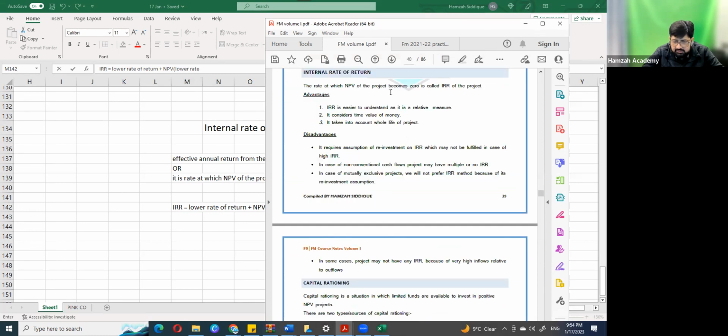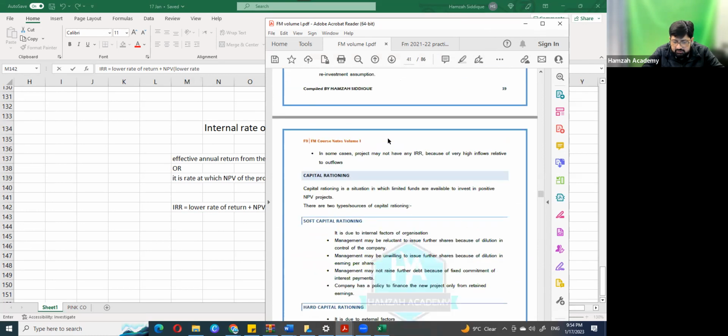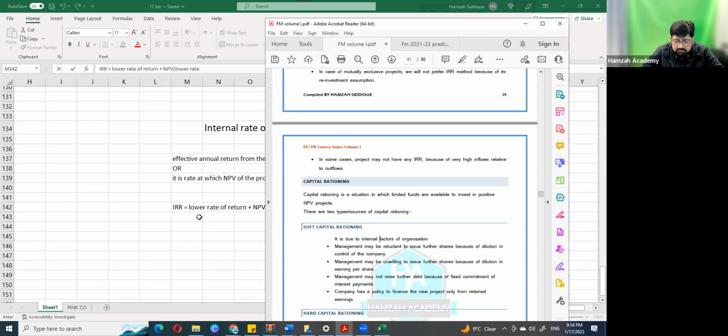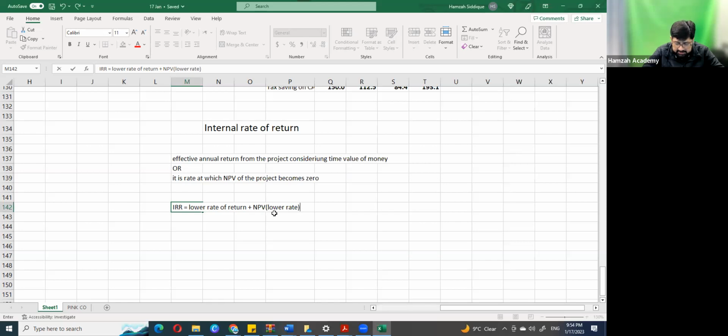IRR. The formula is not mentioned here. Okay, NPV at lower rate. Just a minute, please.